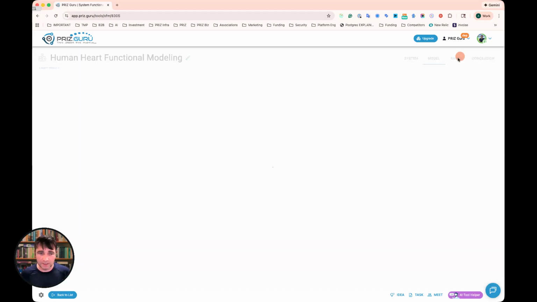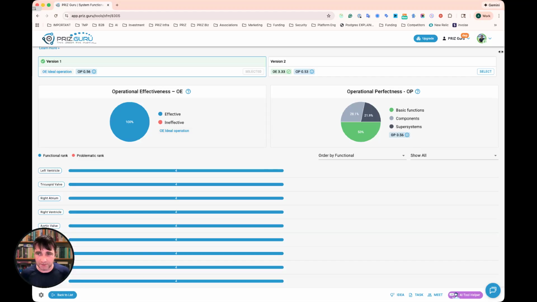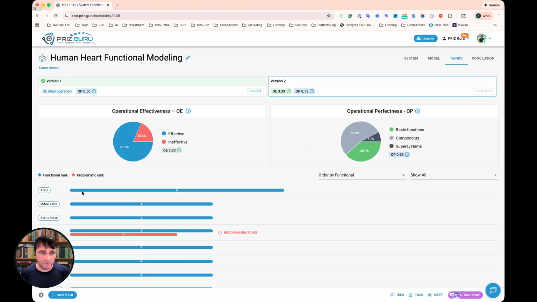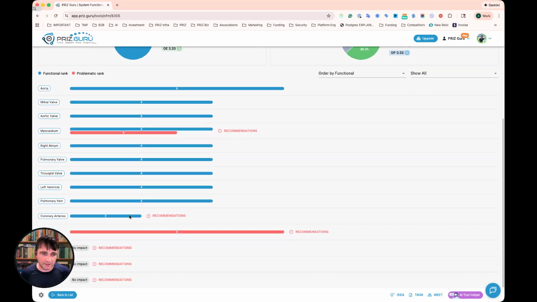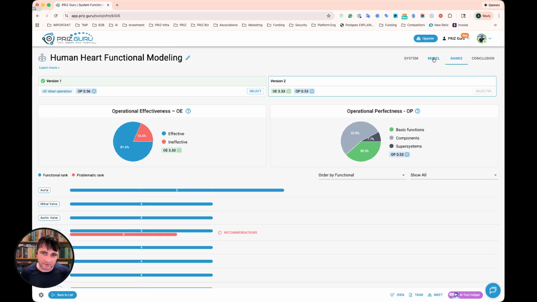Here it's all nice and blue and functional, which is too perfect typically. But in the other one, we're all of a sudden getting some problematic components. Again, incomplete model, so we can start improving on that model. Here's the blockage, whatever the blockage is. Here's the myocardium, which is not functioning correctly as a result of the heart attack.